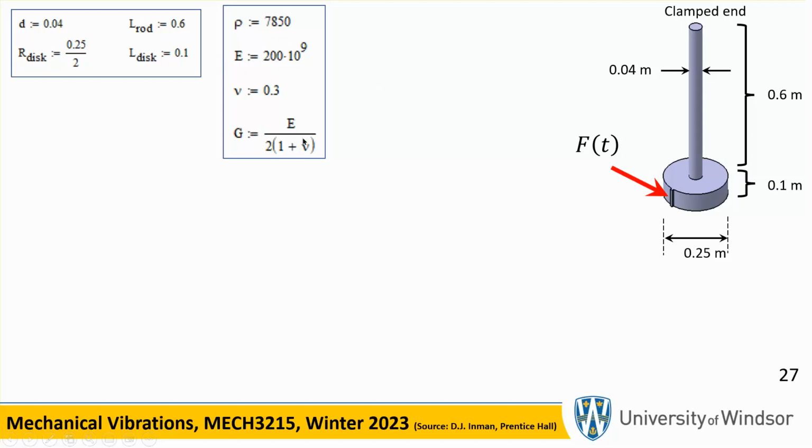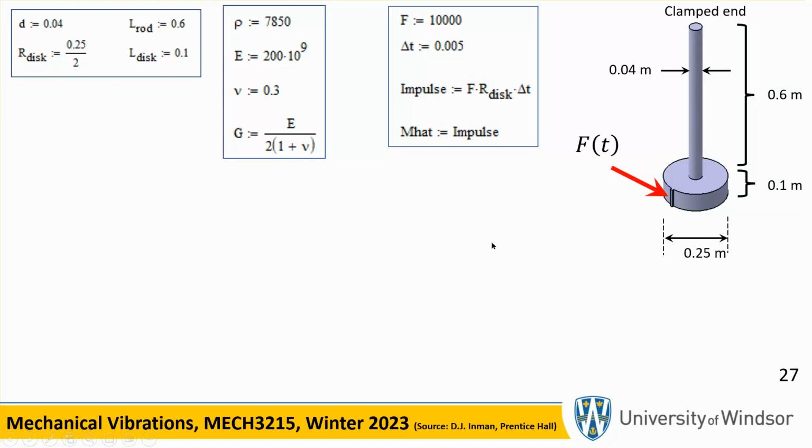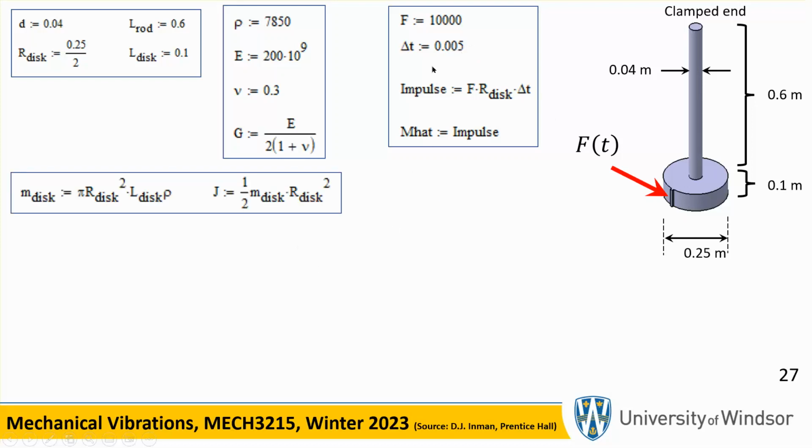This is the material properties. Remember, you need the G, which is shear modulus, and your force was 10,000 Newton over that period of time. You have to multiply by the radius, okay? And then just the mass of the disk, you know how to do that, the volume times the density.